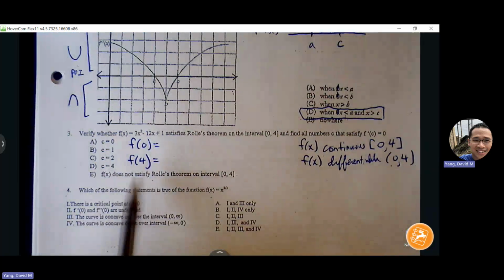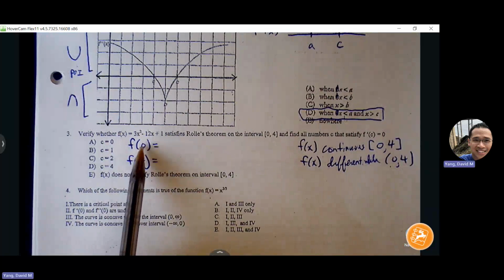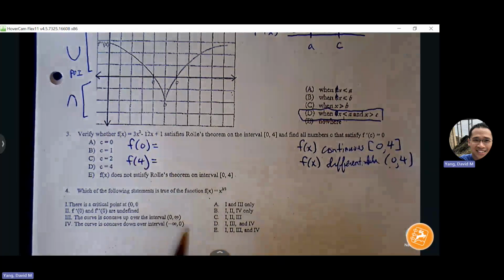Very much like how you would handle the mean value theorem, right? You're always just finding ordered pairs and finding slope. No calculus just yet.